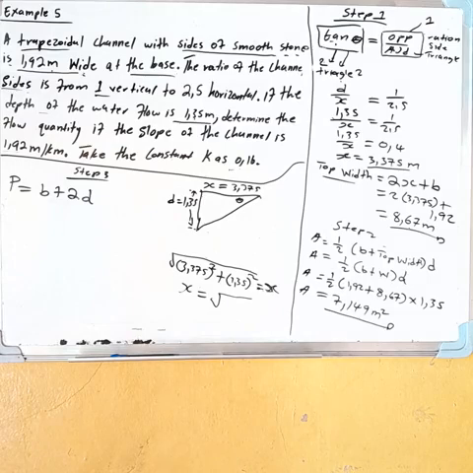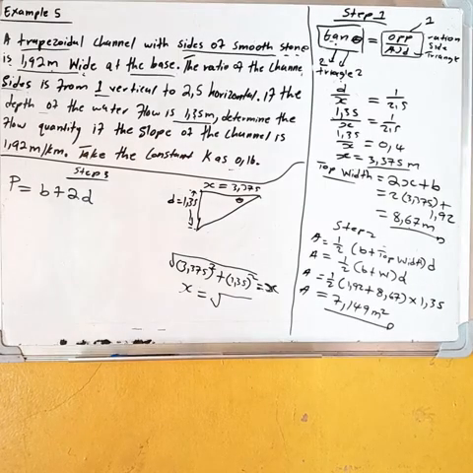The square root of 3,375 squared plus 1,35 squared.